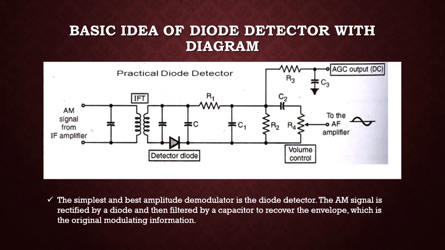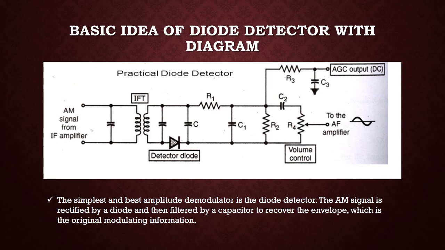The capacitor C2 is a coupling capacitor which prevents the diode DC output from reaching the volume control. Therefore, across R4 we get the demodulated signal with a 0 DC shift. This signal is then applied to the AF amplifier.